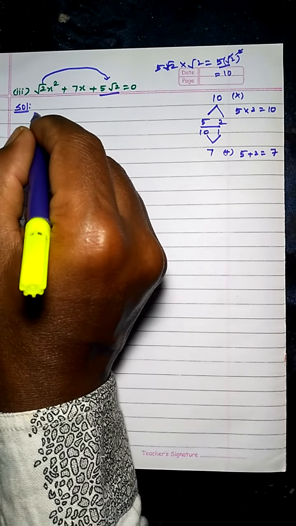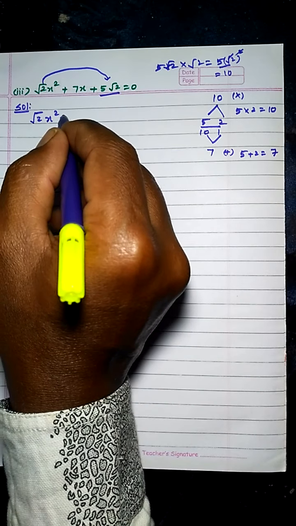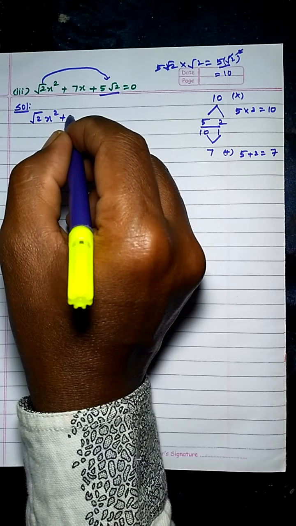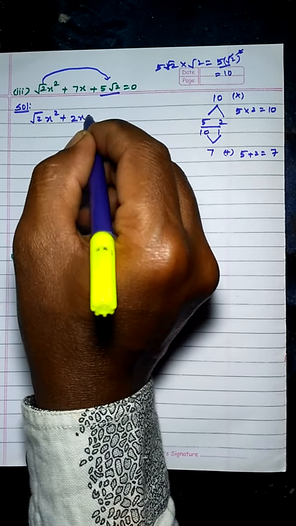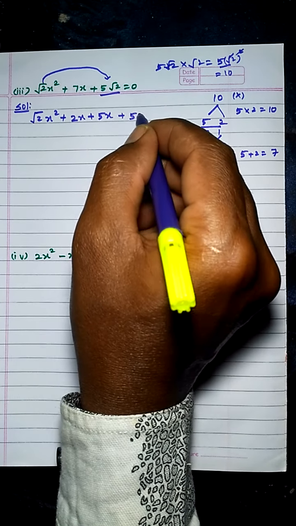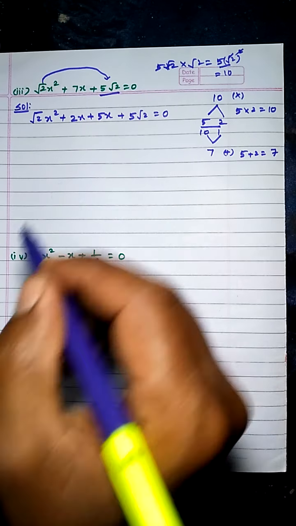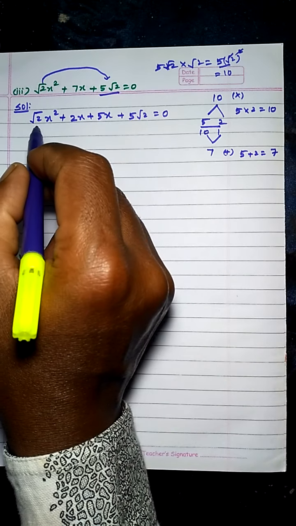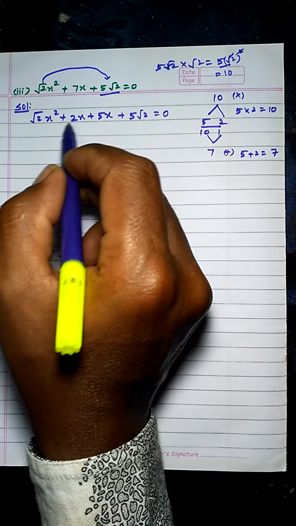So root 2 x square, that 7x can be split like 2x plus 5x plus 5 root 2 equal to 0. Now from these two, see what we can take common outside.